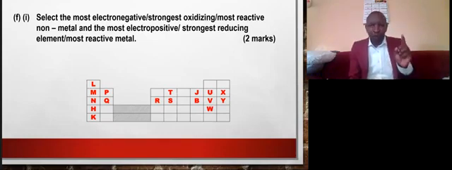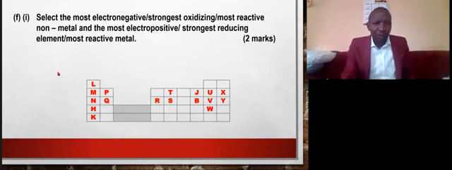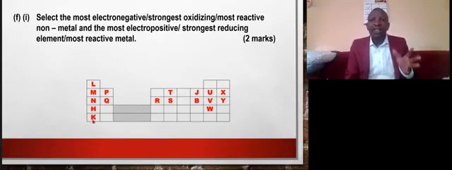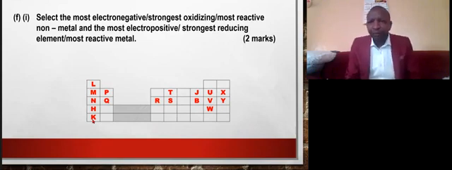So you go for group 1, the one at the bottom. In that scenario, the strongest reducing agent here is which element? Students, the stronger reducing agent is element K. Yes, element K.